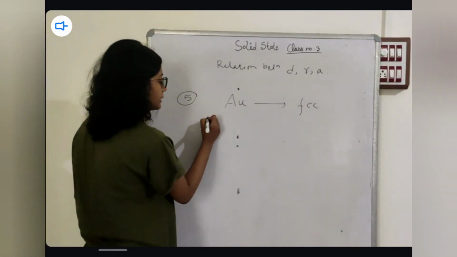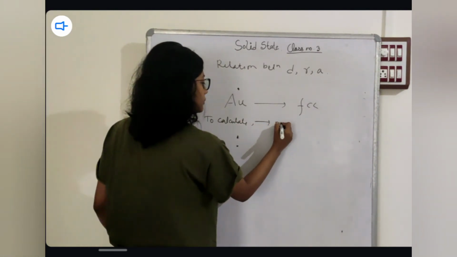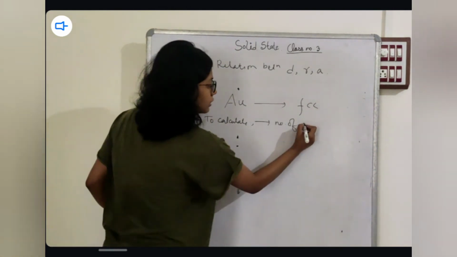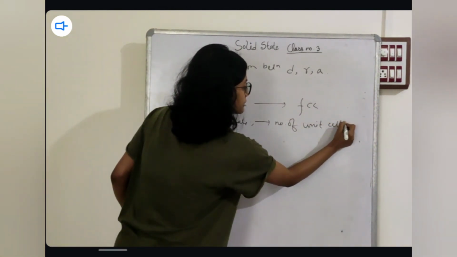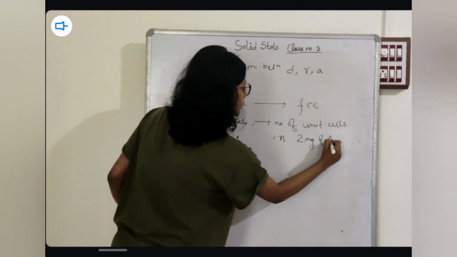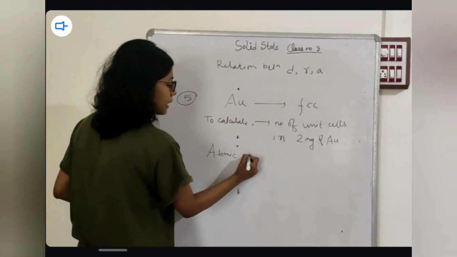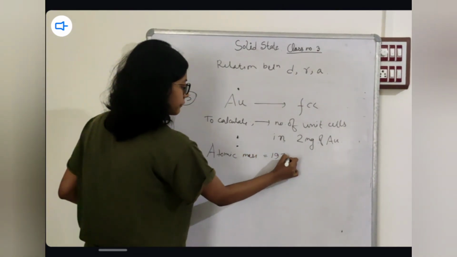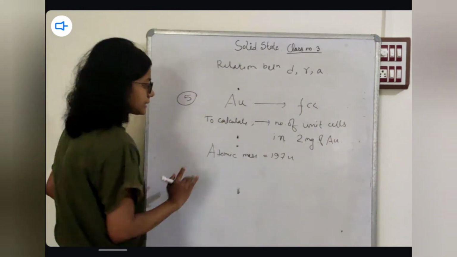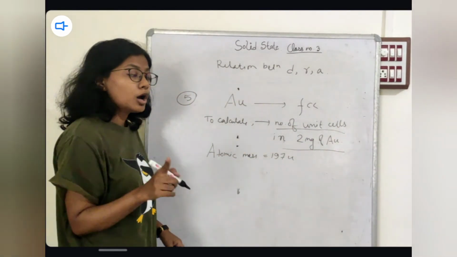So we have to calculate the number of unit cells. Also given there, atomic mass 197, right? Yes, 197. So here we have to calculate number of unit cells in 2 mg of gold.